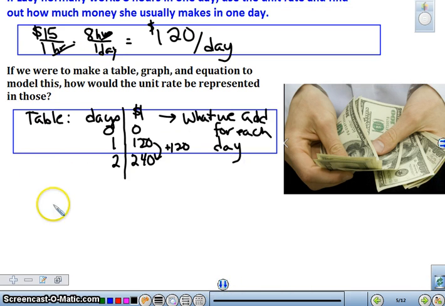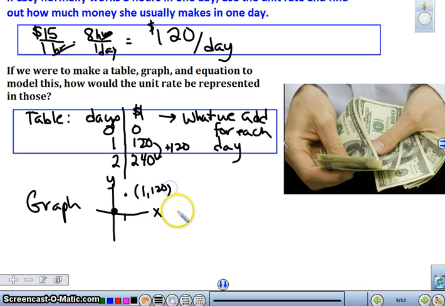How would we show that in a graph? In a graph, if we are looking at our y and x axis, we would start at 0, 0. At 1, it would be at 120, and 2 would be at 240. And so what we could say on a graph is, how do we see that unit rate?